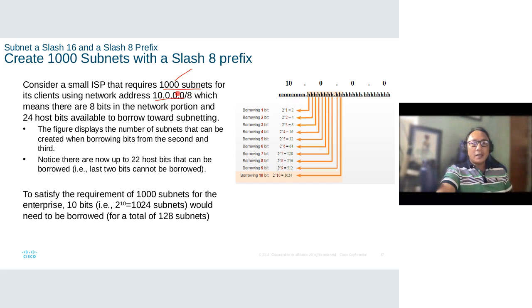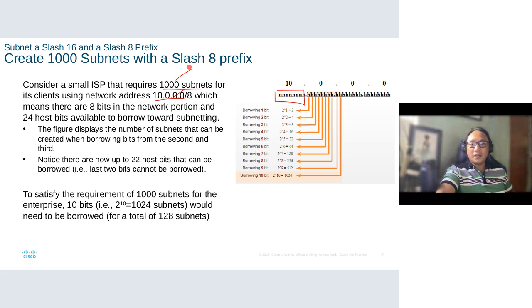Okay? And kukunin natin yan from this address na 10.0.0.0. Ang prefix is /8. So meaning, yung original network niya is ito lang, no? 10.0. So ang original na prefix niya o subnet mask ay 255.0.0.0. So kaya lang ang gagawin natin, kailangan nating mag-subnet nga, no, para magkasya yung 1,000 subnet, no?